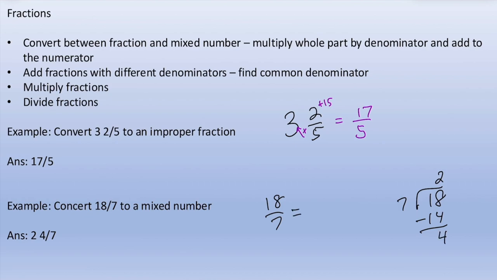So the 2 is how many wholes we had. 7 went into 18 2 times. The numerator is always your remainder. I had 4 remaining. The 7 stays where it is, just like the 5 stayed up here. The 7 stays there.